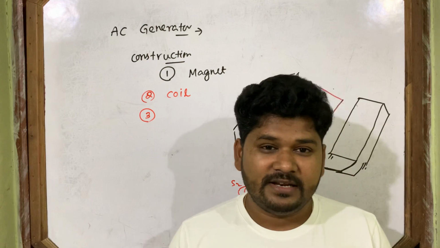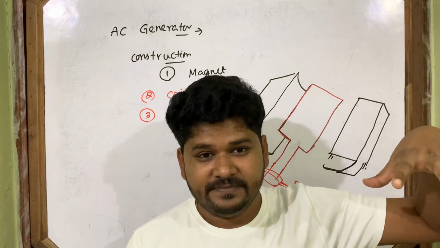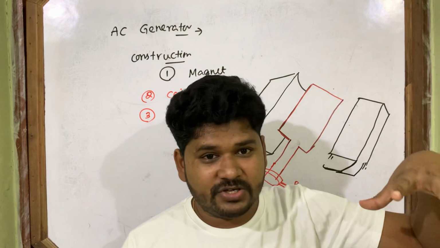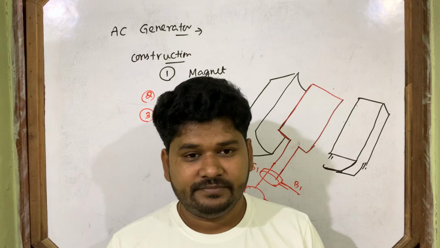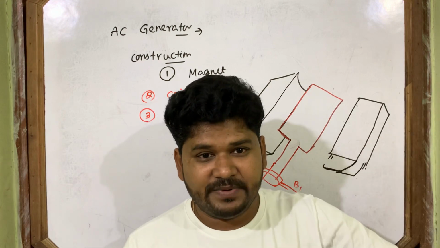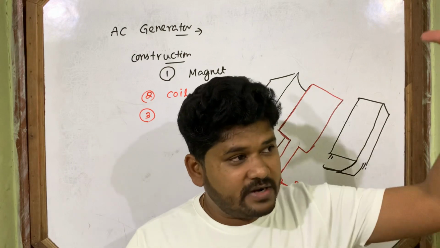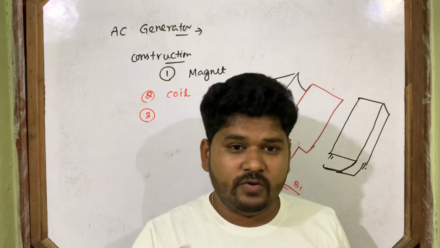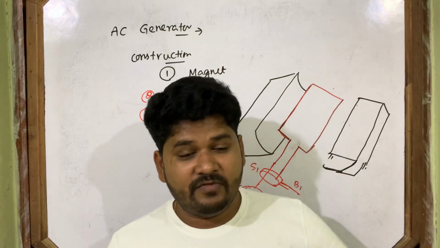Generally, water falls from a very high height onto the blades of a very large fan. When the water falls on the blades, the fan rotates. So who rotates the fan? The potential energy of water.